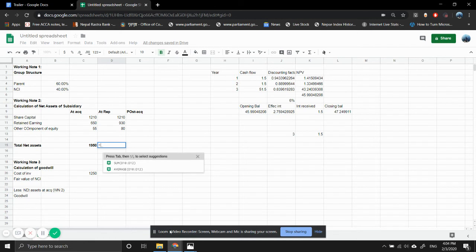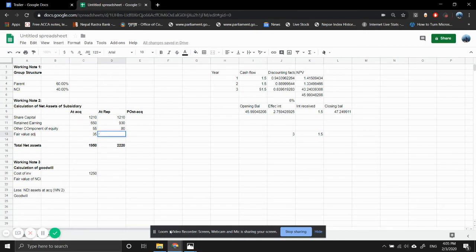This figure will be sum of everything, sum of all this thing. So what's our fair value adjustment? This minus this minus this minus this. So 35 is our fair value adjustment.